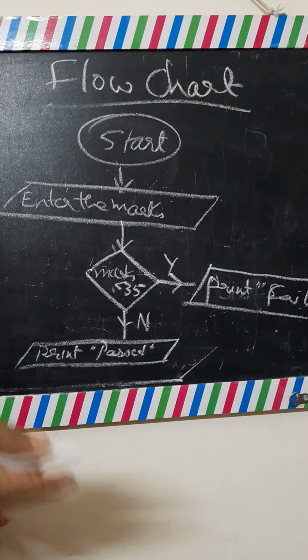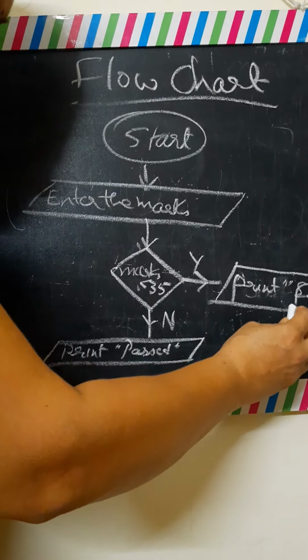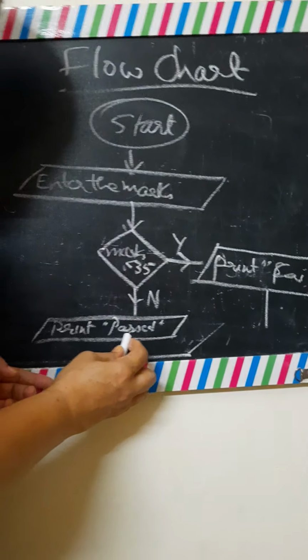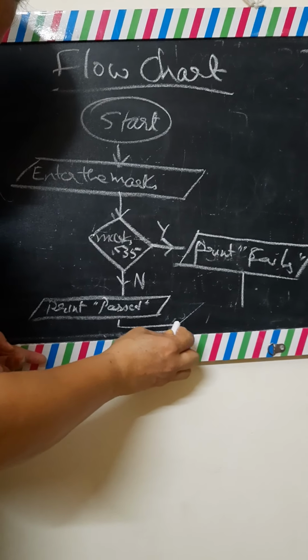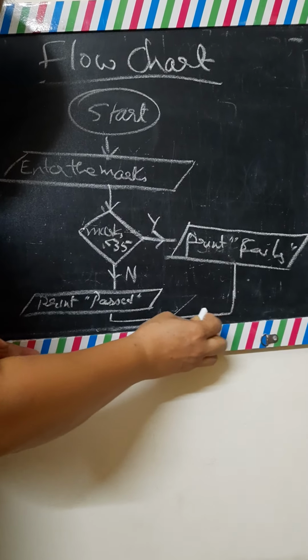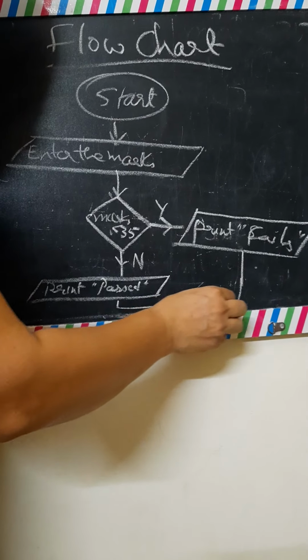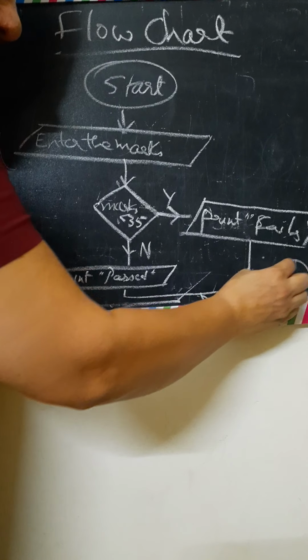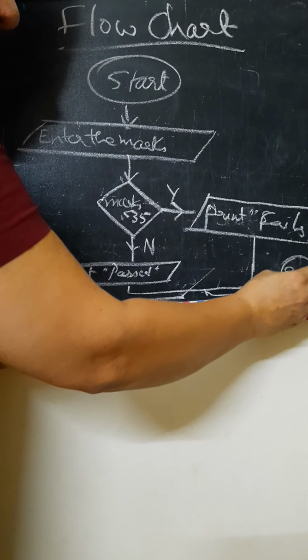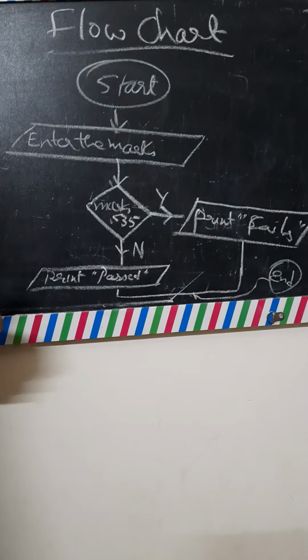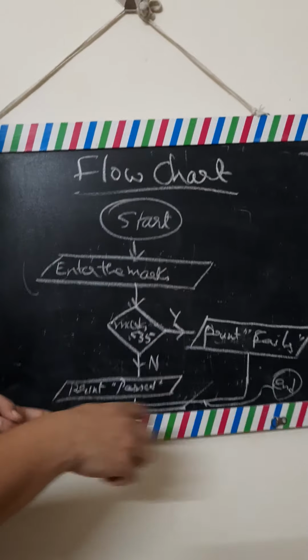In either case, since my task is already done, this and this both are going to join like this and come to an end. Okay, again I don't have space, so let's assume this was the end. Fine. These both will join together.